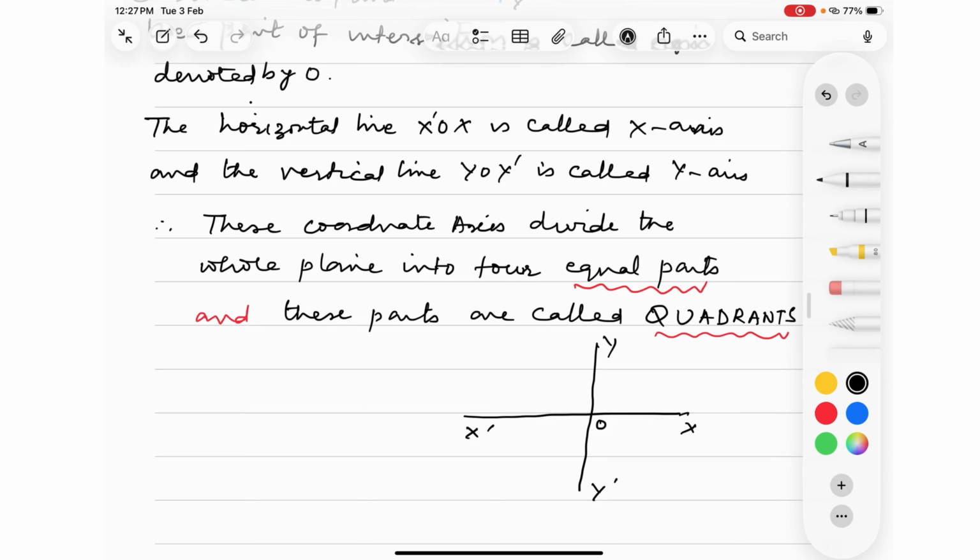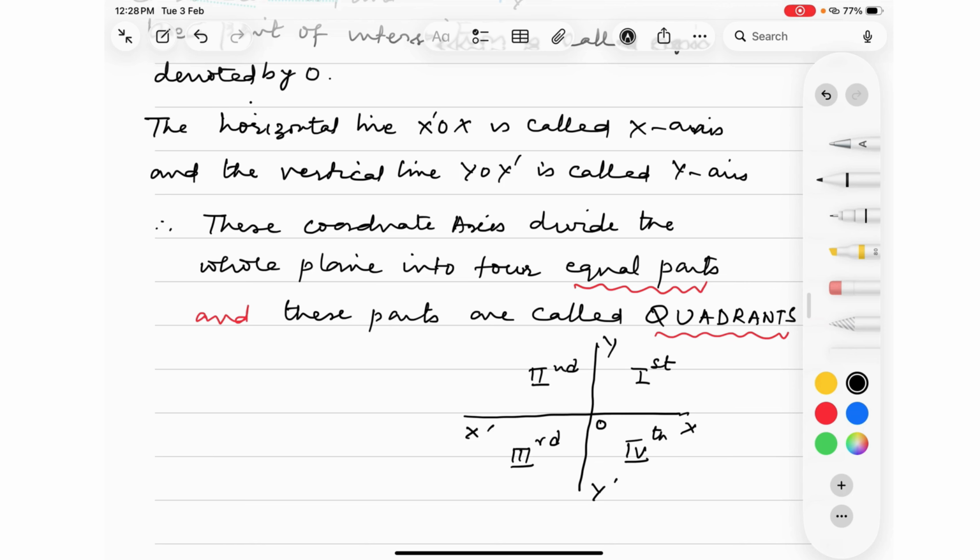Now the first part, that is X O Y, is called the first quadrant. X dash O Y is called the second quadrant. X dash O Y dash is called the third quadrant. Y dash O X is called the fourth quadrant.